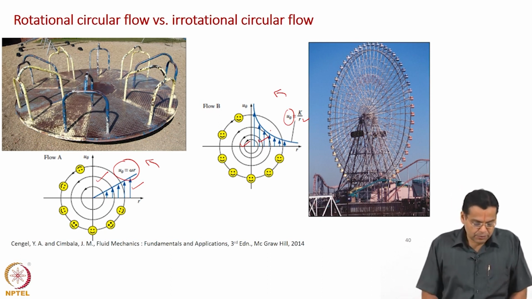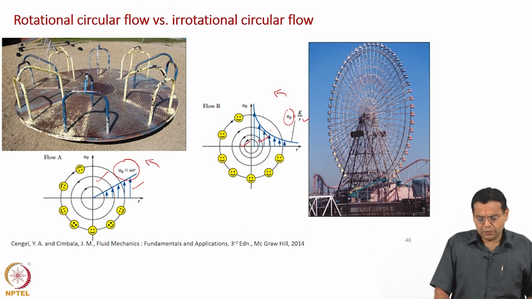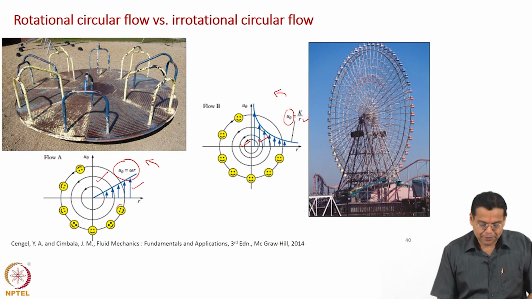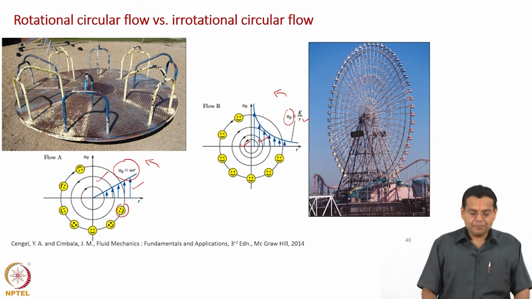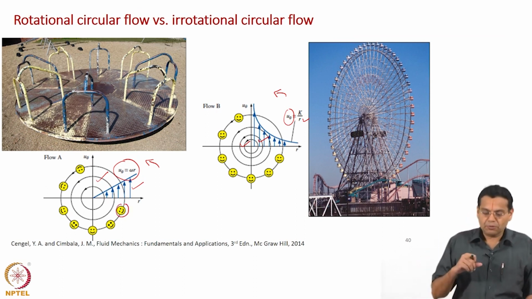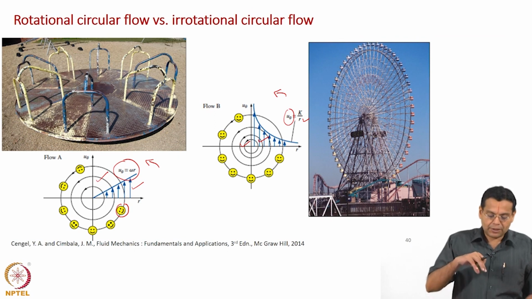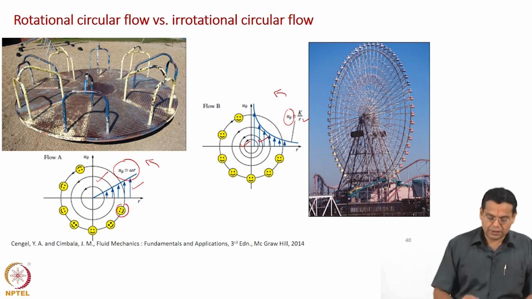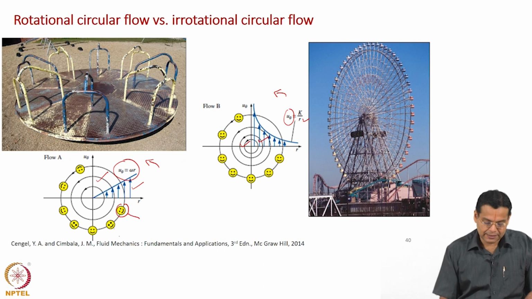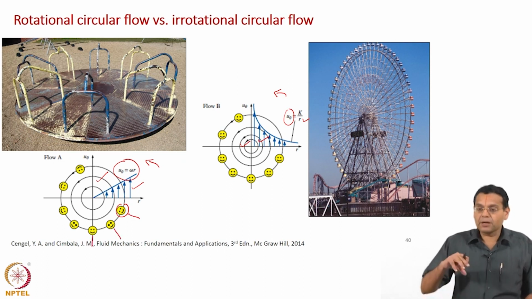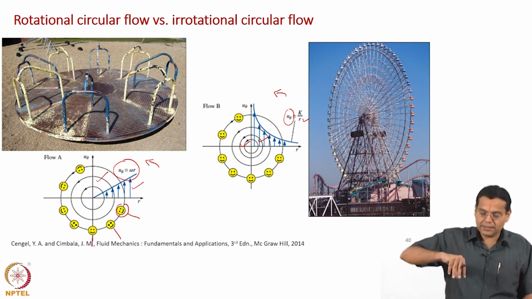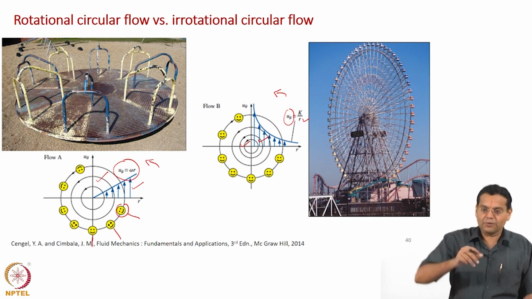Now, if you identify a fluid element here and look at the top view, what happens? It rotates along with the flow, that is what you see here. It is rigid body rotation, the whole body just rotates along with the flow.